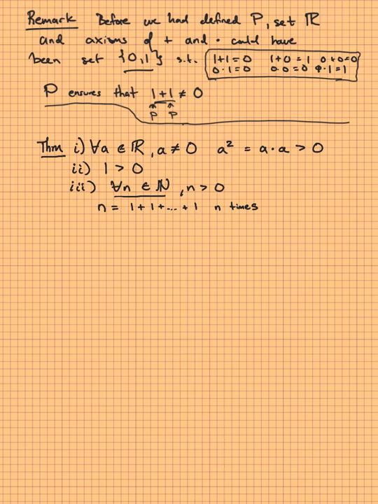You can define this inductively if you want, just by saying that 1 in N goes to 1, and then k plus 1 in N goes to whatever k is, plus 1 again. I'm not going to get too pedantic about it.